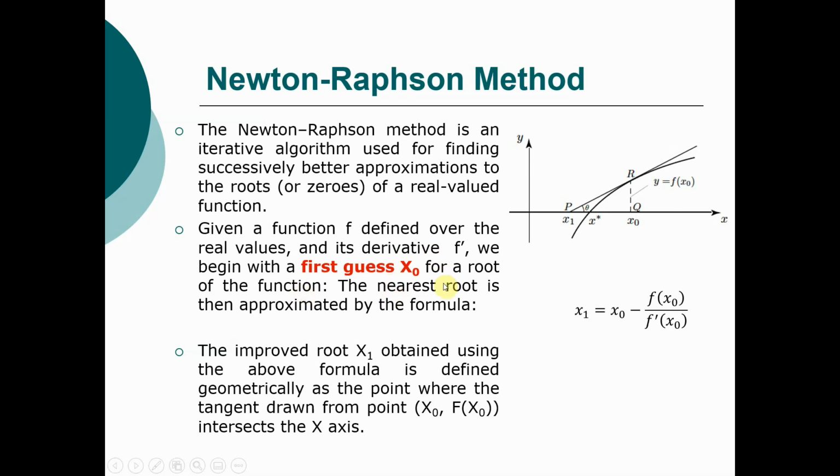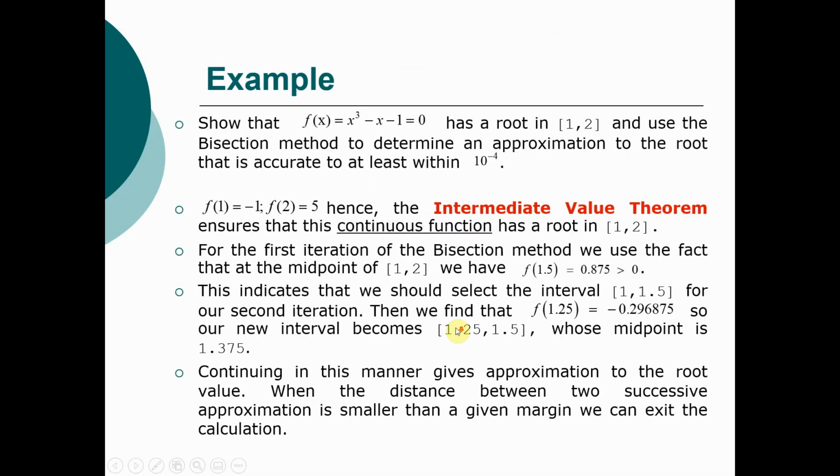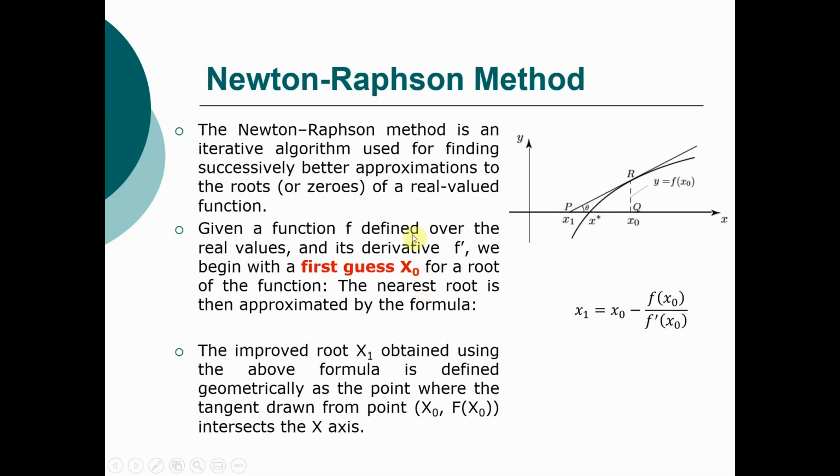So in this method, which is an iterative approach similar to the bisection method, you have an initial guess, let's say x0. Based on this formula, let's call this one xn, f of xn, f prime of xn.